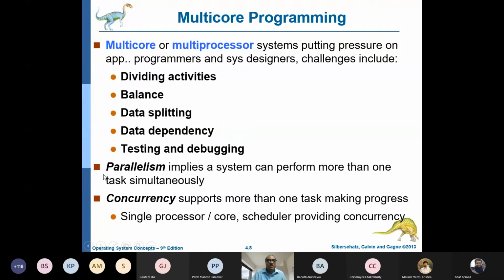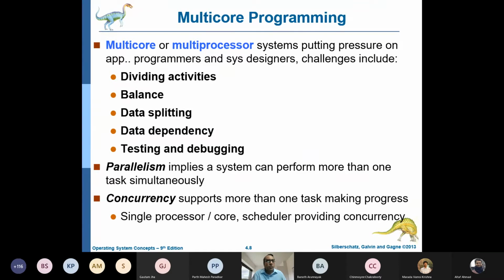In a multi-core system you can see both concurrency and parallelism. Even if multiple processes run on a multi-core system, you see parallelism as well as concurrency, because concurrency means you can observe progress in multiple jobs or tasks. For us as observers, as users, several tasks appear to be running in parallel and progressing, right?